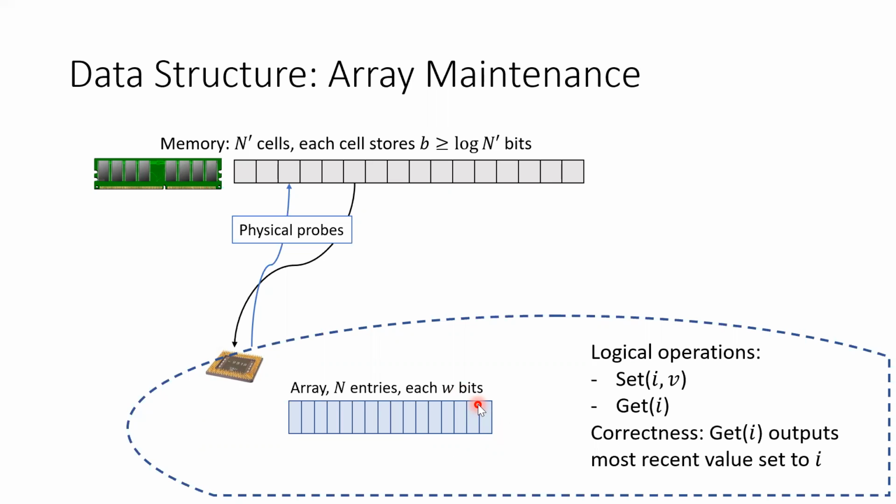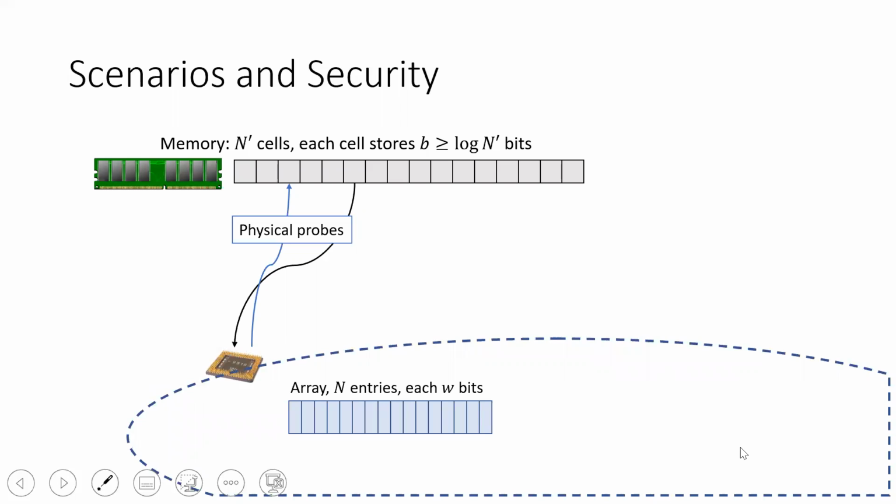But for correctness, every get operation must return the correct entry of this array. That's the only requirement for this data structure problem.